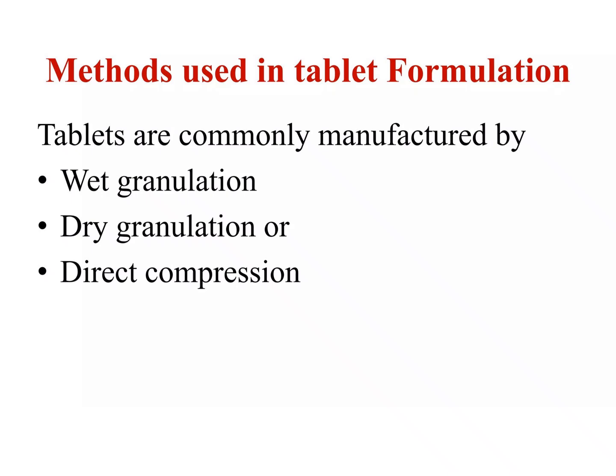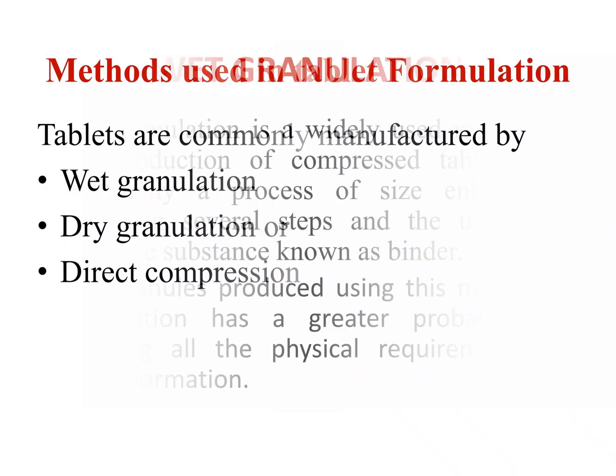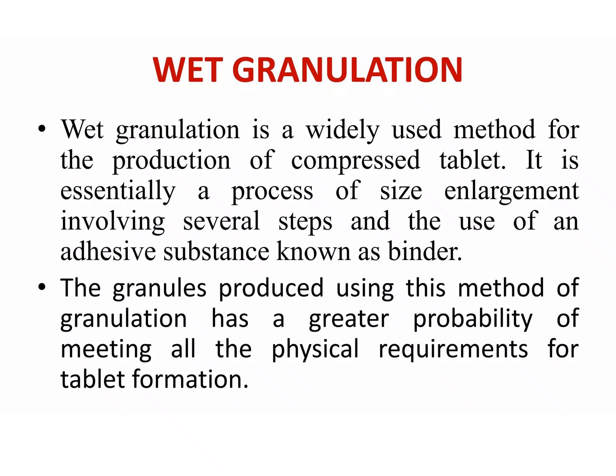Here are the methods used in tablet formulation. Tablets are commonly manufactured by wet granulation, dry granulation and direct compression method. The first one is wet granulation. Wet granulation is a widely used method for the production of compressed tablets.